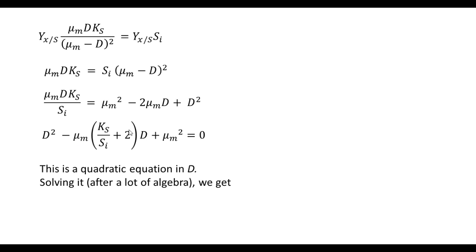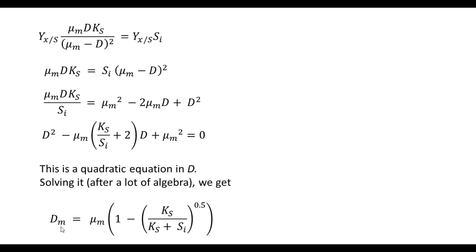If you recall, the solution is minus b plus or minus the square root of b squared minus 4ac, by 2a. This is a quadratic expression in D, therefore a is 1 here, the coefficient of D squared, the coefficient of D, which is b, is mu m into Ks by Si plus 2, and c happens to be mu m squared here. If you do that, you will get this.